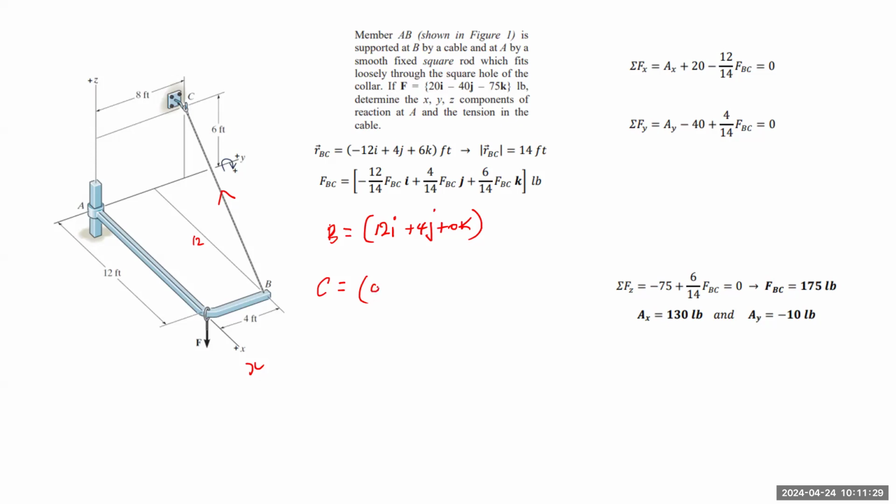So this is 0i plus 8j, plus, now what else do we have here? What is the Z? Do we have a Z for it? Look up here. Doesn't it have a 6 up there? Doesn't it go 6 up to C there? You have to look, concentrate.